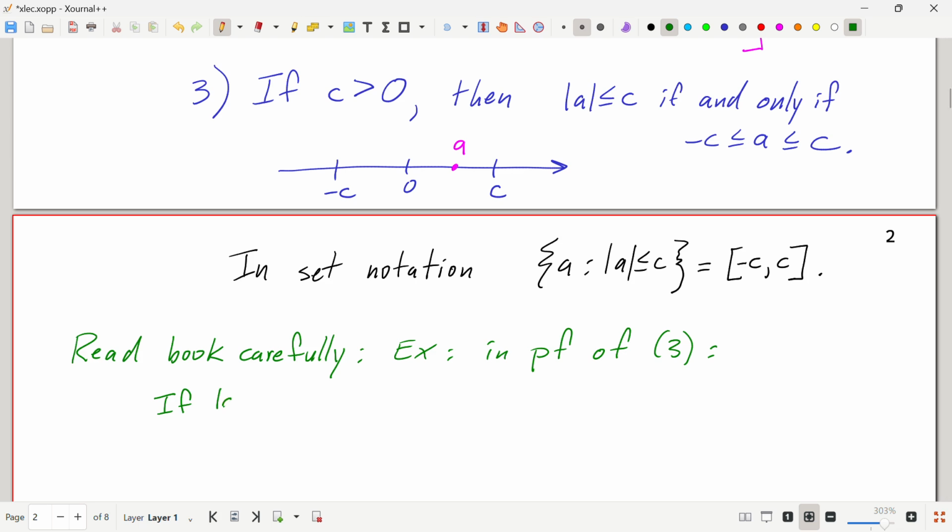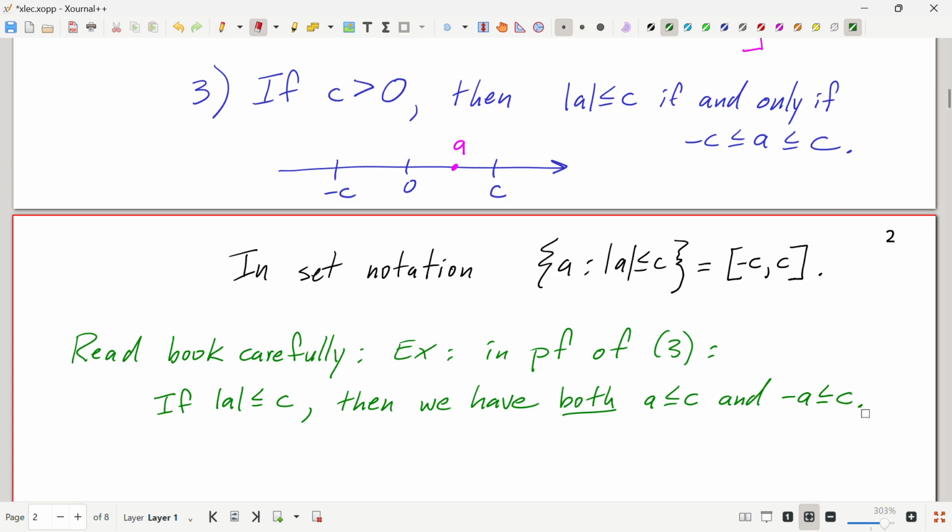If the absolute value is less than or equal to C, then we have both, here's the word, we have both that A is less than or equal to C and minus A is less than or equal to C. And then the book puts in parentheses "why."